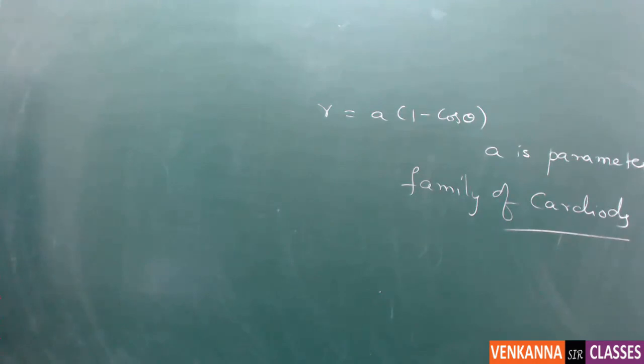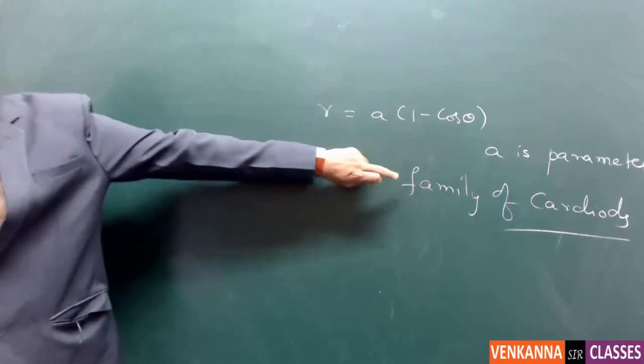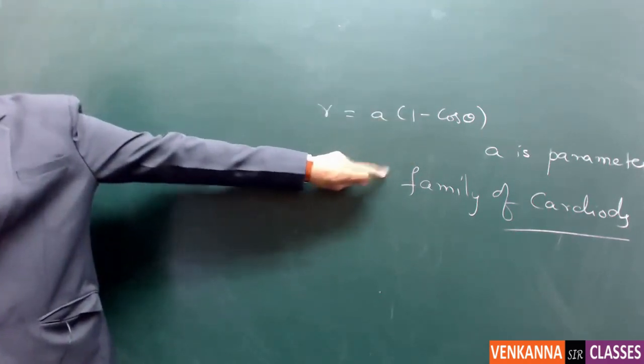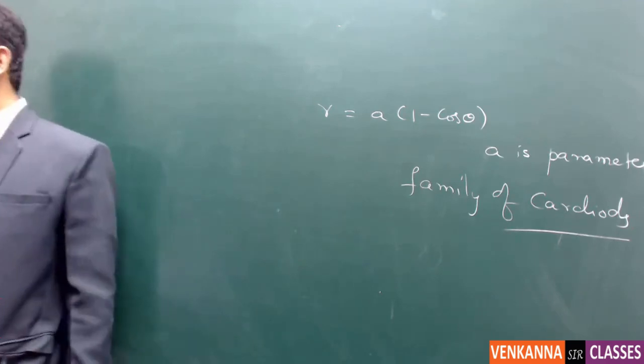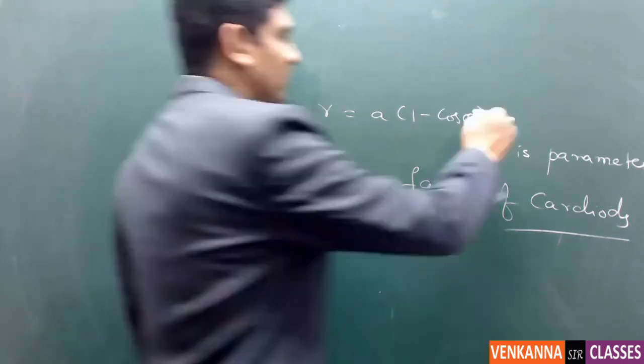So apart from giving this equation, he can use this word. Find the orthogonal trajectories of the family of cardioids where a is the parameter. The parameter need not be mentioned. So let us do the problem. Take it as the given equation.